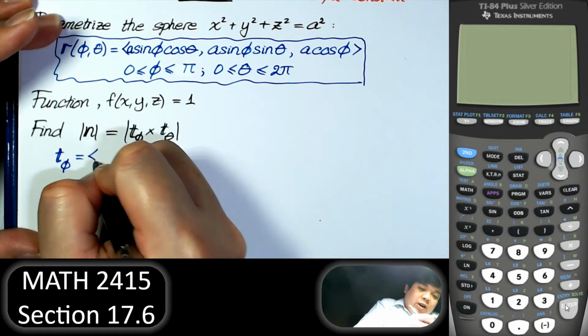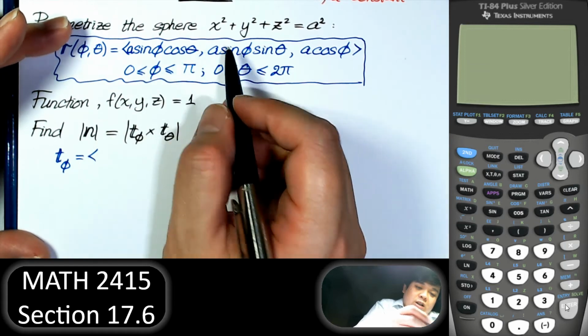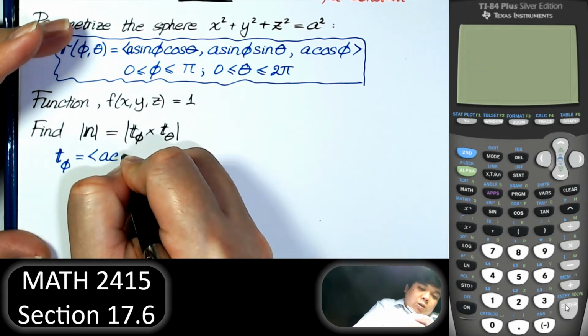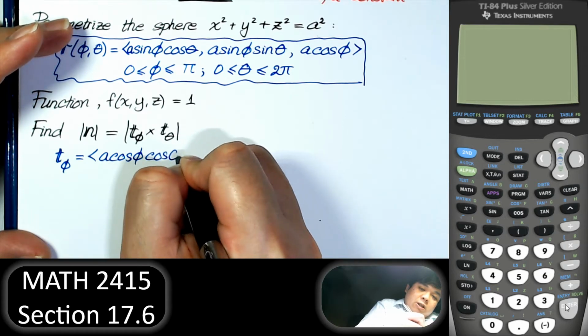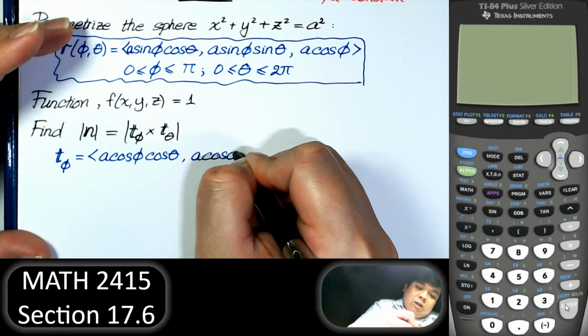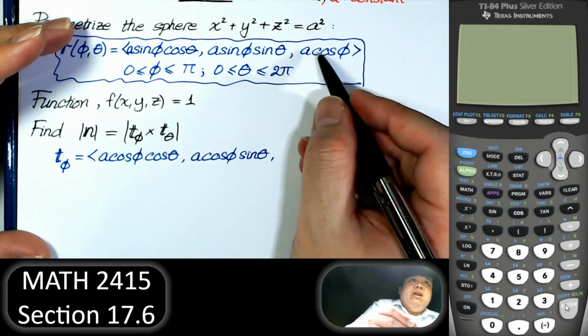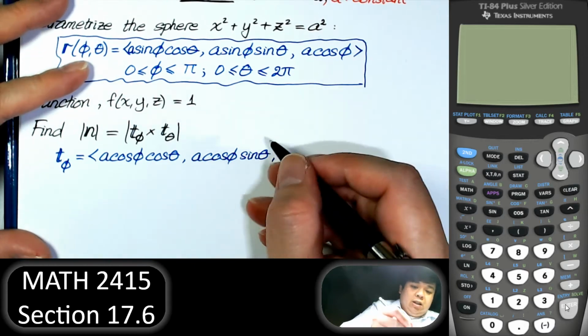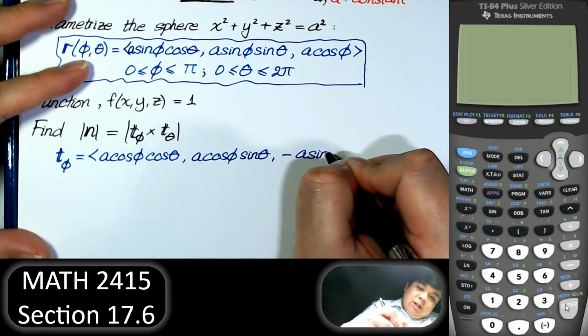Derivative with respect to phi: derivative of sine is cosine, so you have a cosine cosine, and a cosine sine, and derivative of this with respect to phi, negative a sine phi.